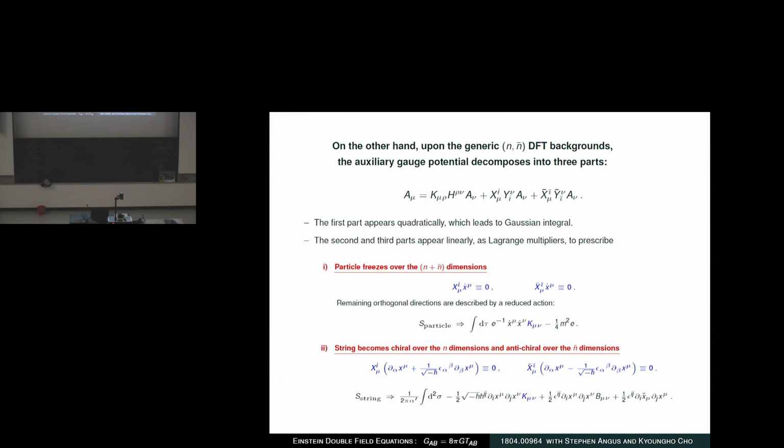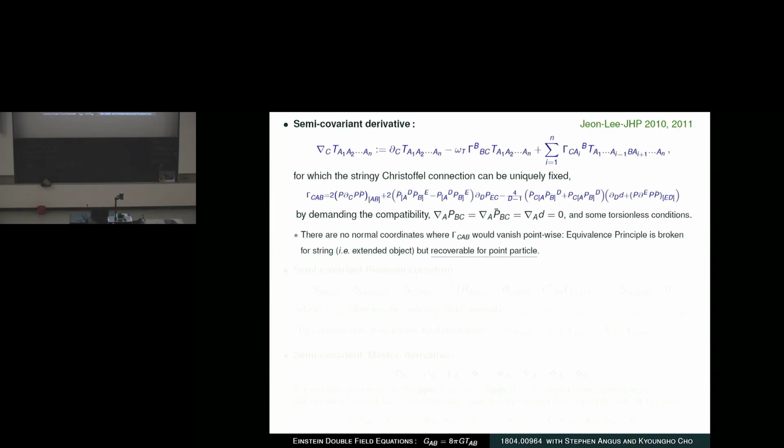Now let me move to the definition of the covariant derivatives and curvature in stringy gravity, which turn out to feature two stages. One is semi-covariance, and the second is its complete covariantization. The semi-covariant derivative can be written down like this, with a possible weight term, with the introduction of the string theory extension of the Christoffel connection, gamma.